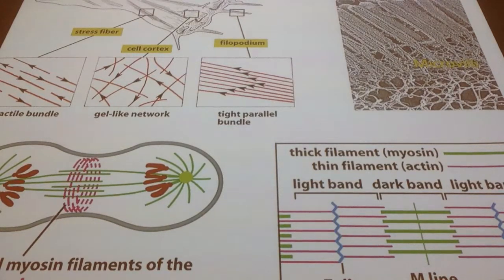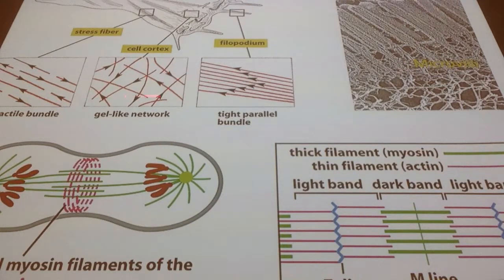And so, if you were to think of that red line right there as a microfilament, one microfilament, meaning that you have two protofilaments wrapping together, right? So that's a microfilament. And if you take a bunch of microfilaments, they can be bundled or aggregated in different ways.